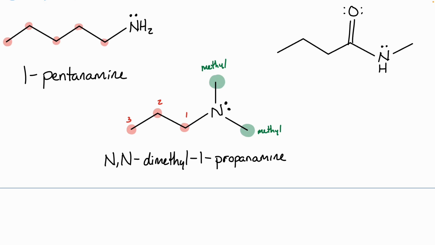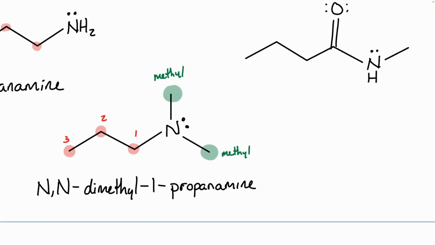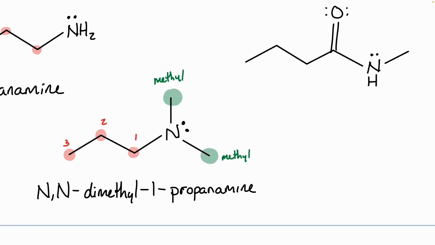All right, and then our last one isn't an amine, but an amide. And I kind of decided at the time when we were doing nomenclature of amides that we had enough functional groups to worry about, so I didn't throw this secondary, tertiary curve at y'all, but now we can see how it extends. Same idea, we're going to find our parent chain. Our parent chain's going to contain that carbonyl group.